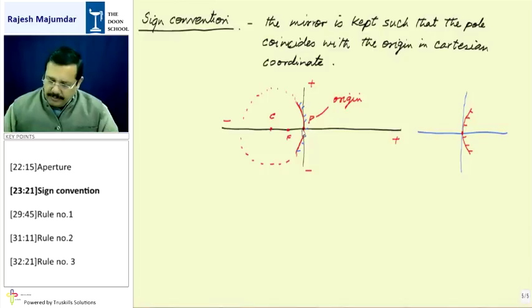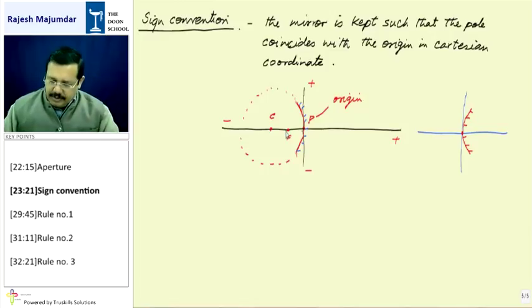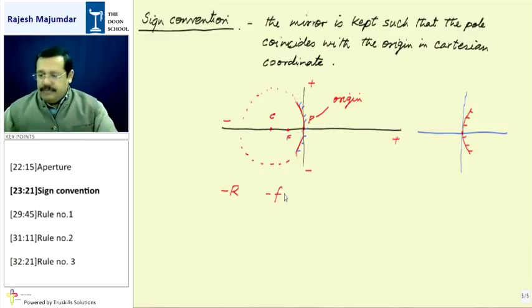If you notice, the radius of curvature for concave mirror is on the left. So starting from pole, if we measure something on the left, it is negative. So we will have negative R value, and similarly negative F value, because it is also on the left. Whereas if you see on the other diagram, the sphere will be on this side.